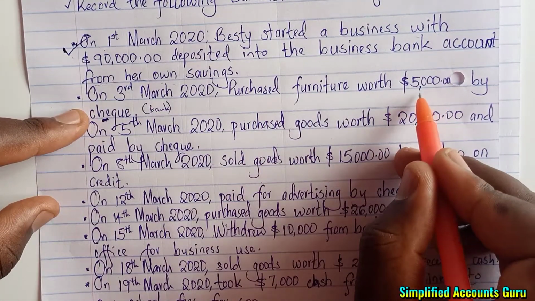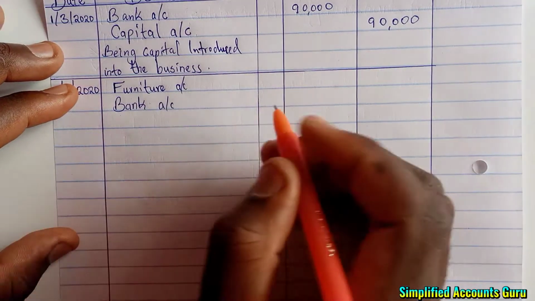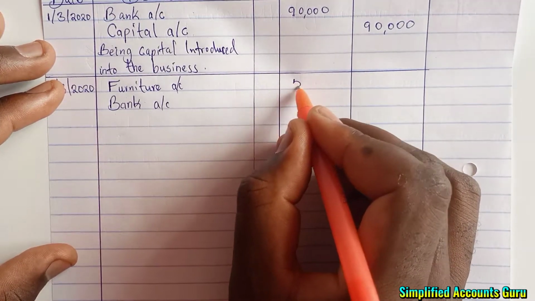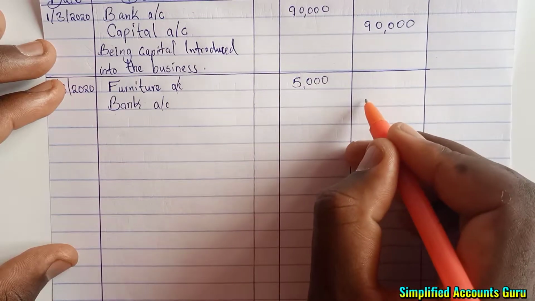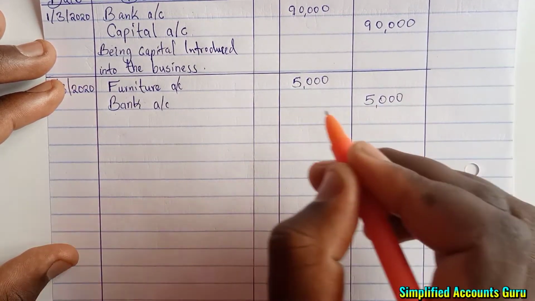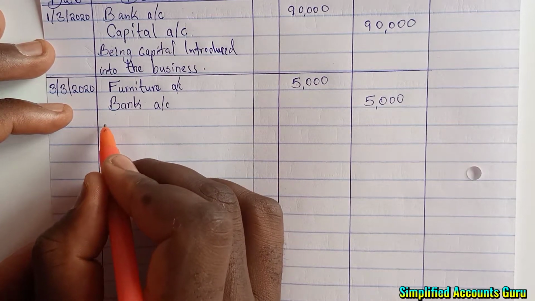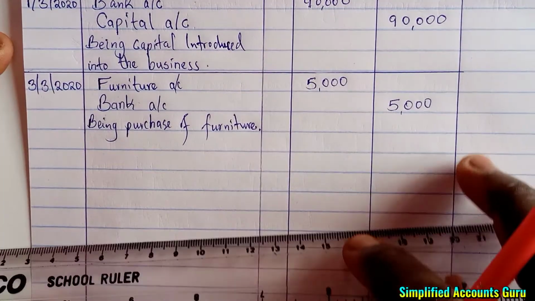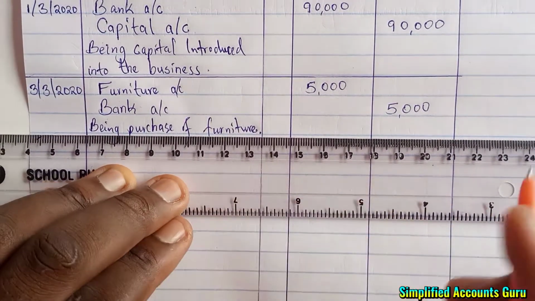Purchased furniture worth $5,000. So that is the same amount that will come out from the bank. So we debit furniture with 5,000 and then credit bank with 5,000. The double entry concept is complete. Being purchase of furniture, and then you can underline so that you separate it from the following transaction.